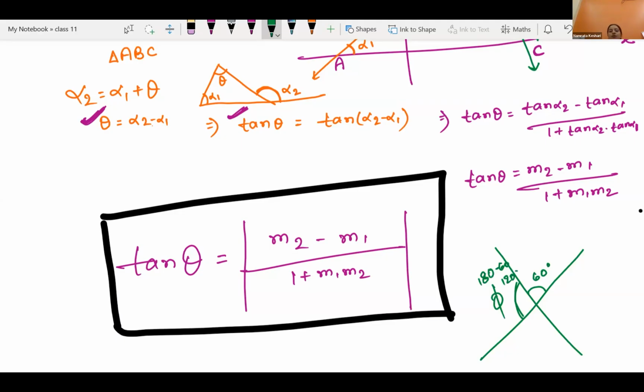So here also, if both angles are asked between the two lines L1 and L2, we need to find theta and also phi, which can be found by using 180 minus theta. Clear?